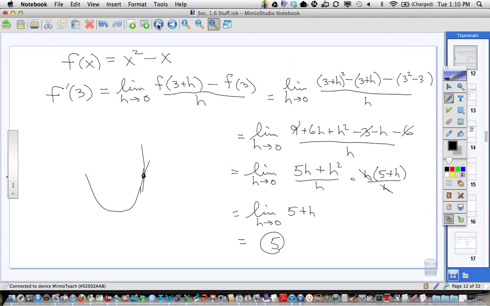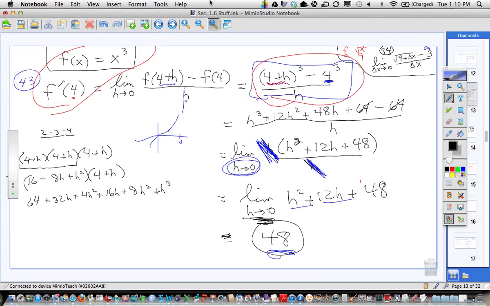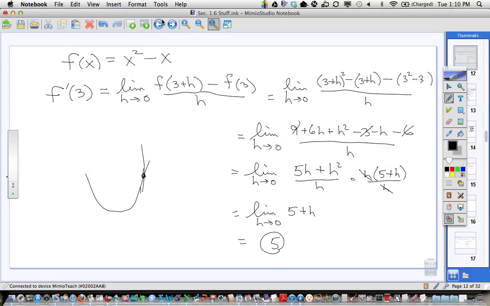So we should go back to this problem right here, and see what we're doing when we write number 34. We're looking at this and saying, hey, what function must this have been? Well, the key is right here. What does f of 3 plus h mean? It means take 3 plus h and put it where the x was.